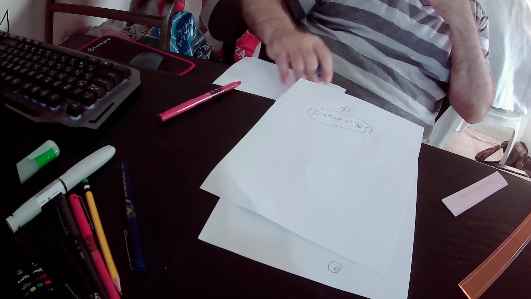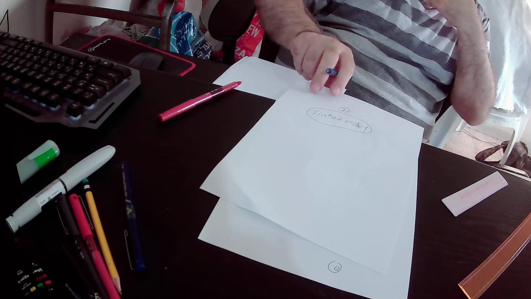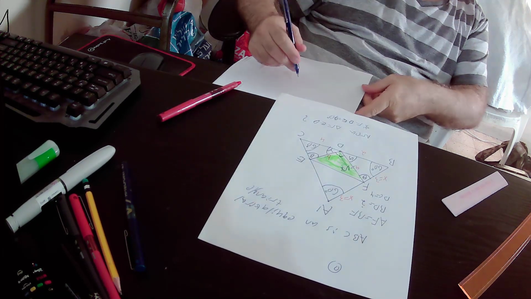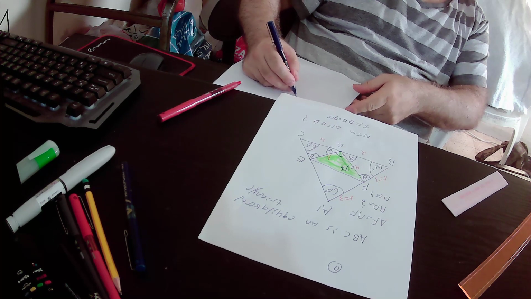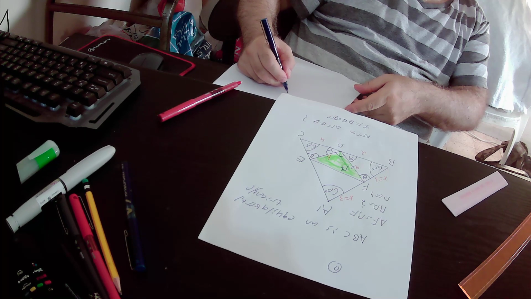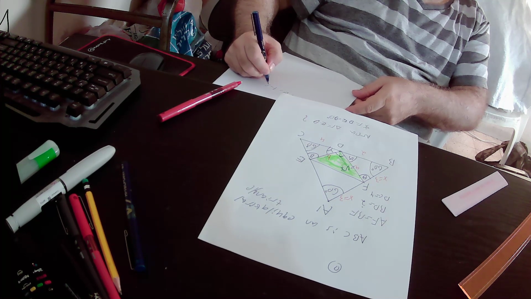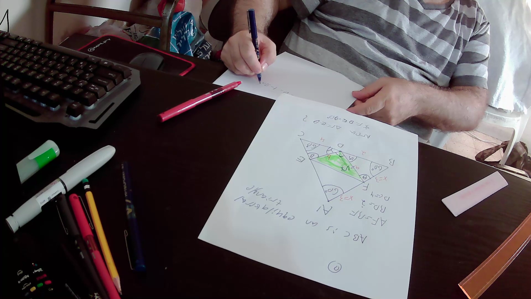From here we can derive that cosine theta squared equals 1 minus sine theta squared.